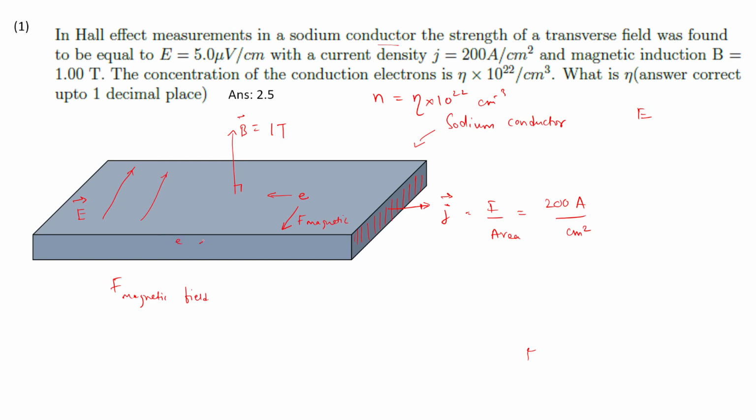So electrons will be accumulated here, minus, and here there will be some plus charges generated. So basically your field will be generated like this.